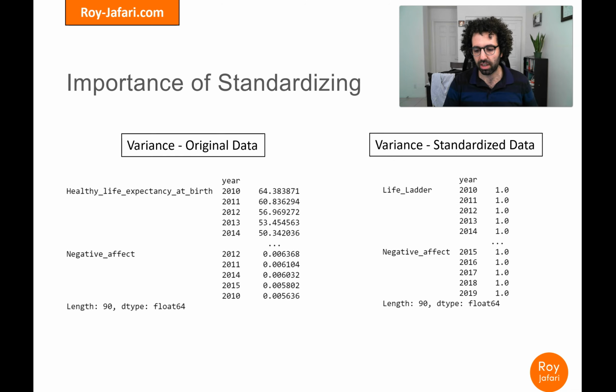But when you do standardize your data, all of the attributes will have a fair chance to be a part of that PC. The variations of all of the attributes will have a fair chance to be a part of those PC1, PC2, and PC3.